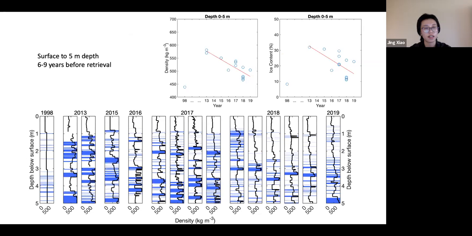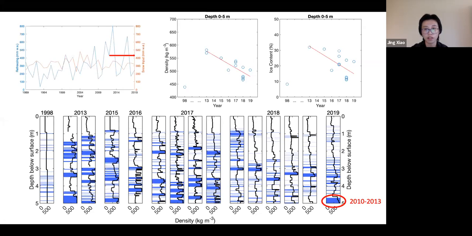So first, here are the top 5 meters: the density figure, ice content, and also profiles of the top 5 meters of all the cores. The surface to 5-meter depth roughly corresponds to the last 6 to 9 years before retrieval.